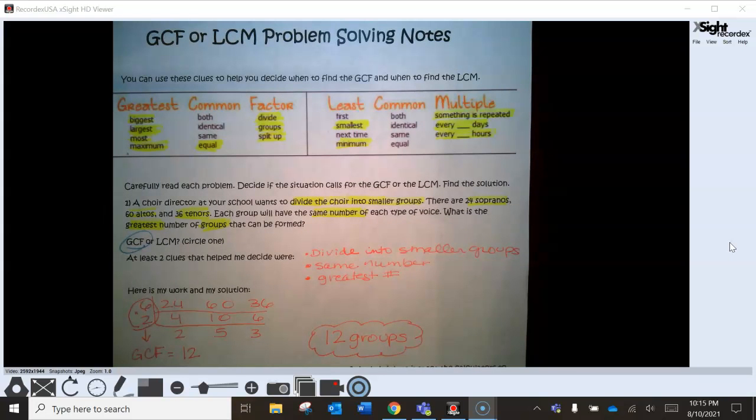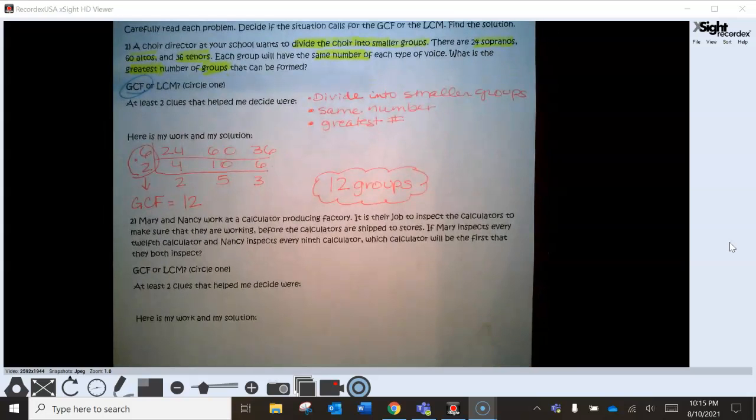All right, let's look at the next question. It says Mary and Nancy work at a calculator producing factory. It's their job to inspect the calculators to make sure they are working before the calculators are shipped to the stores. If Mary inspects every 12th calculator and Nancy inspects every 9th calculator, which calculator will be the first that they both inspect?